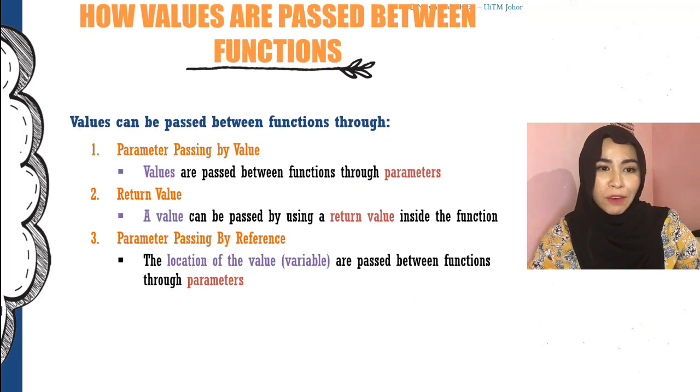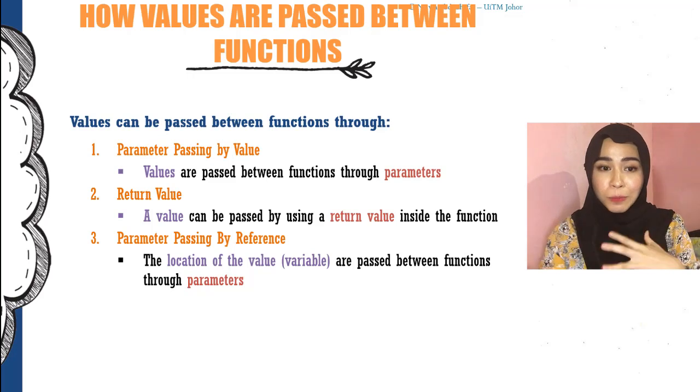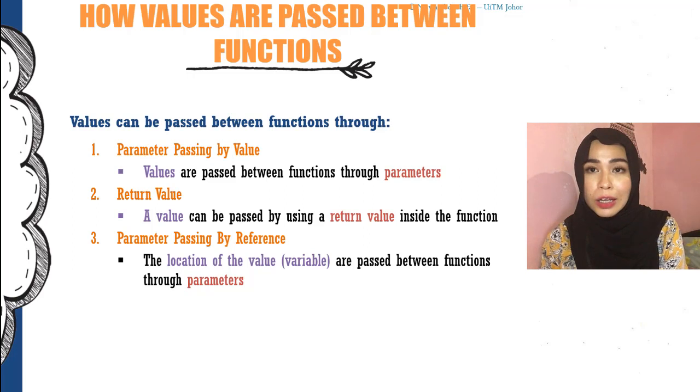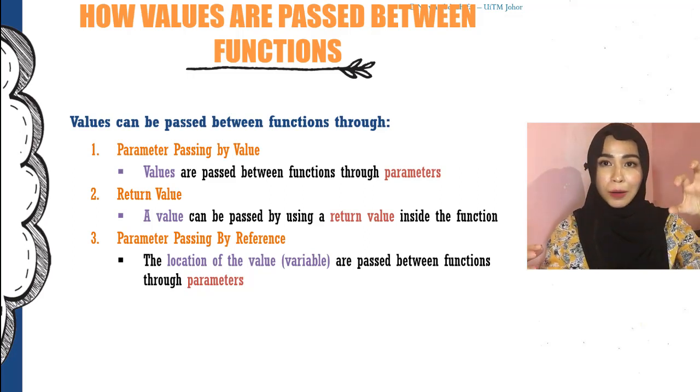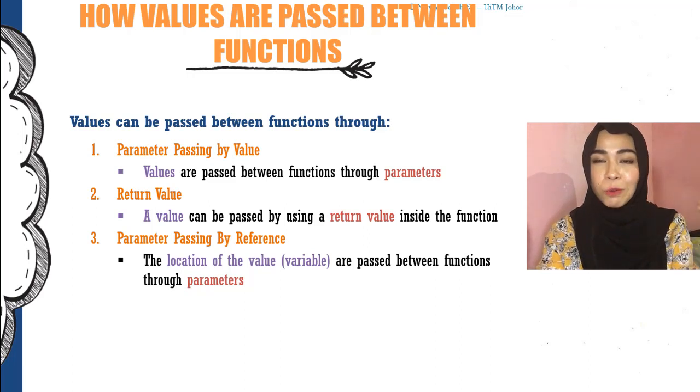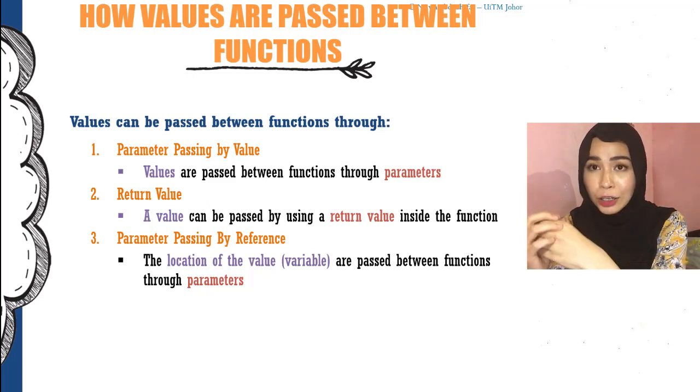So whenever we pass values between functions, there are a few ways for you to do this. The first way is we pass values through parameters. This is parameter passing by value. Let's say you want to give data from this function to this function, we use parameters. What they're sending is values, data.